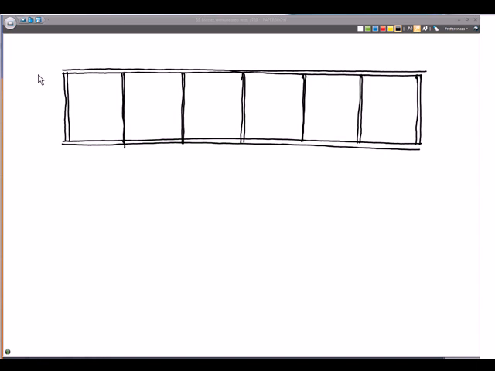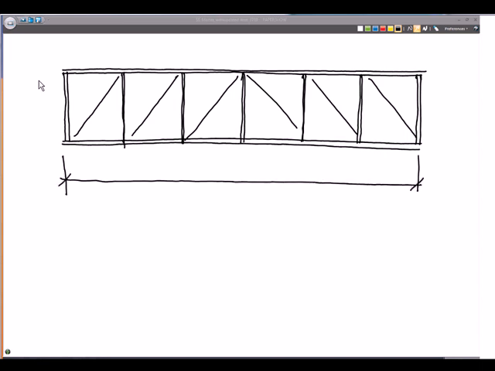Okay. So if we have our truss member, and let's say this is spanning 180 feet, okay, with these panels.